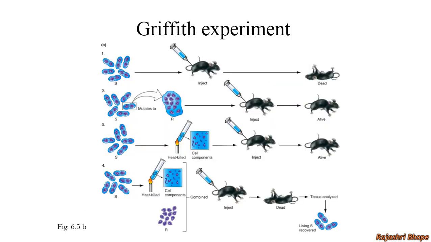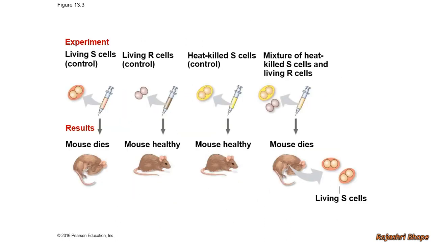Then this is the Griffith experiment, where he used smooth strains, that is, capsulated strains of Streptococcus pneumoniae, which are known as the S strain. Smooth stands for S strain, R stands for rough strain, which lacks a capsule. So he first used the living smooth strain and injected it into mice. He observed that the mouse dies.